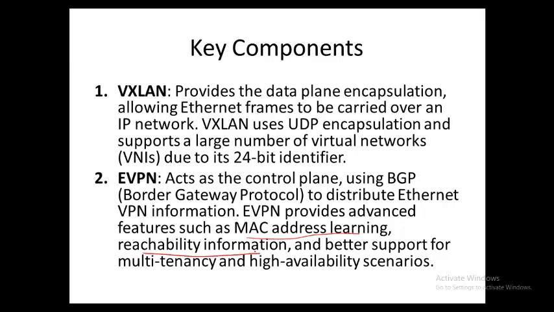So EVPN distributes this information. Whenever a new MAC address is learned on one of the tunnel endpoints, BGP immediately distributes the information to all other tunnel endpoints, saying this MAC address is available at this tunnel endpoint. Whenever you have multiple tenants, it's really important.